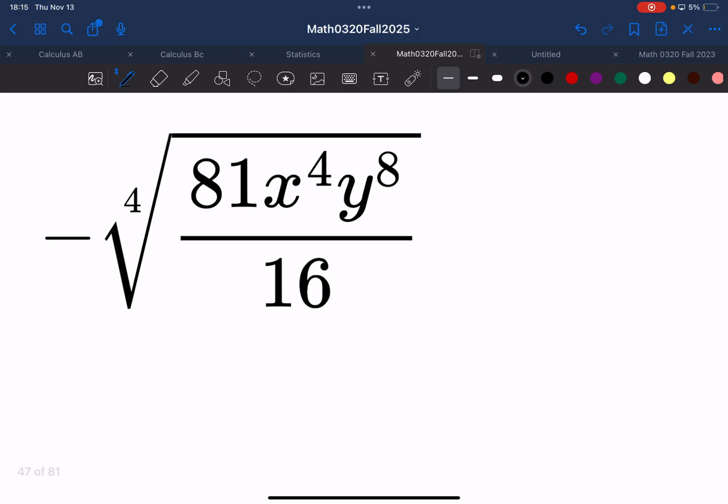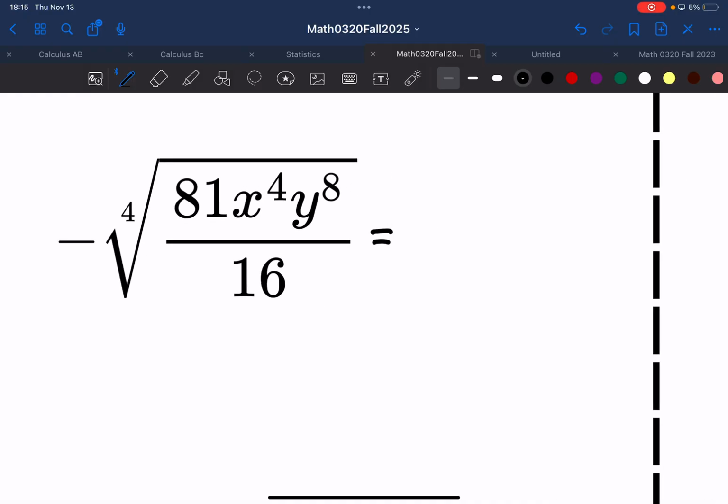I would say this is one of the harder ways that you would see it, right? Because not only do we have a fraction, we have numbers, we have an x variable and a y variable. But that's okay. We just treat it one step at a time. So first what I'm going to do is bring my negative because it's on the outside.